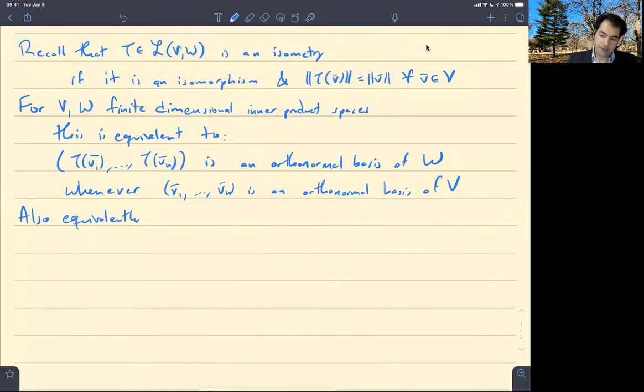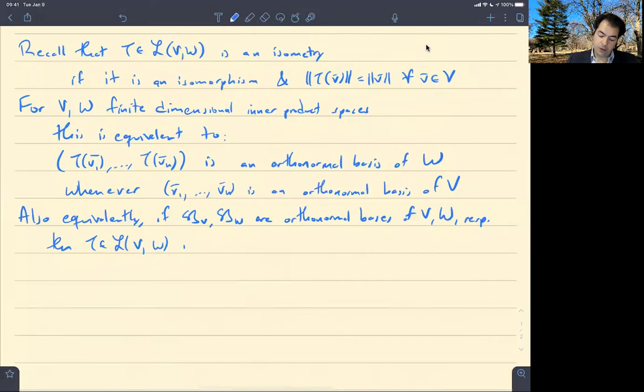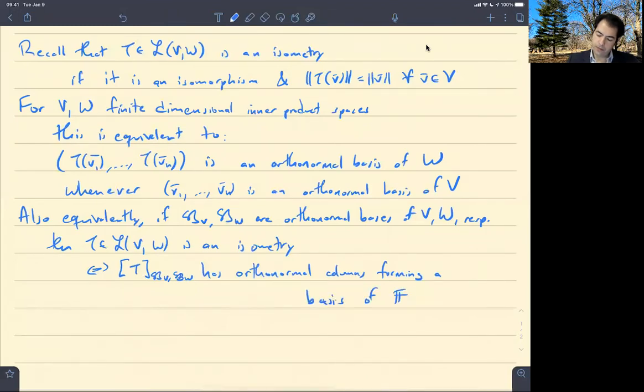Also equivalently, if BV and BW are orthonormal bases of V and W respectively, then a linear map T between V and W is an isometry if and only if the matrix associated to T with respect to these bases has orthonormal columns forming a basis of Fn.